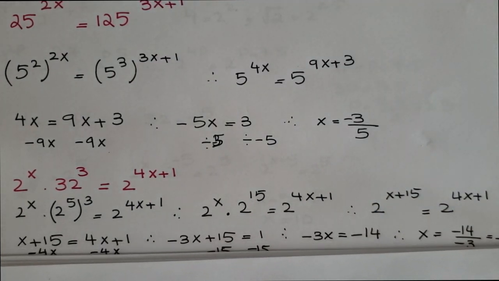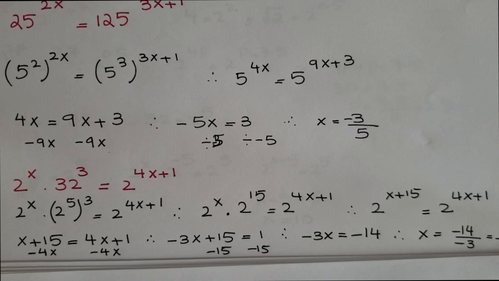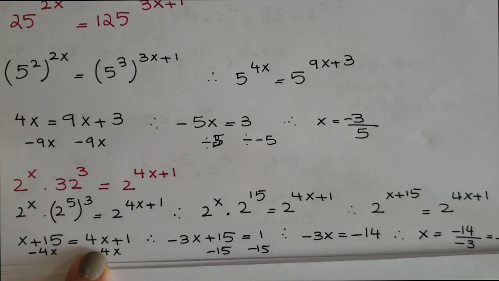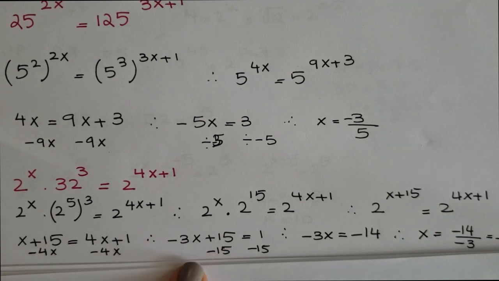So let's move on. Here I have to equate the two exponents, so x plus 15 should be equal to 4x plus 1. I start by isolating the x. For isolating the x, I add negative 4x to both sides. It will turn into negative 3x plus 15 equals 1.